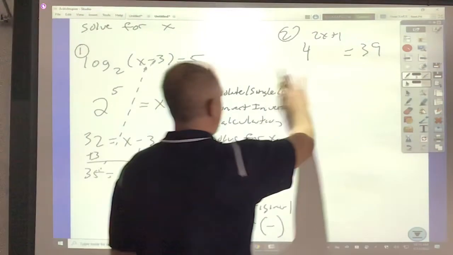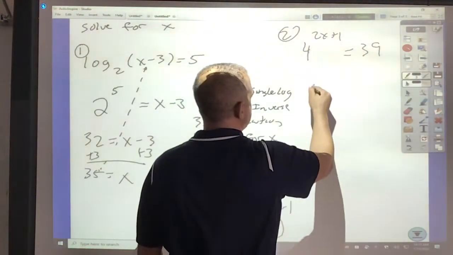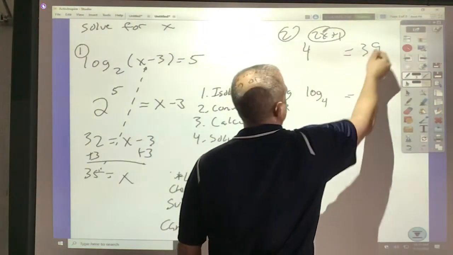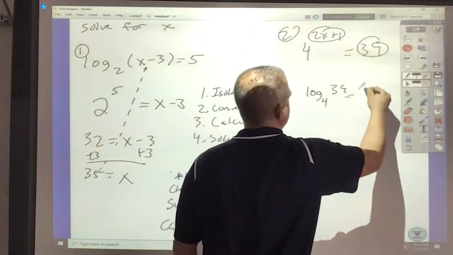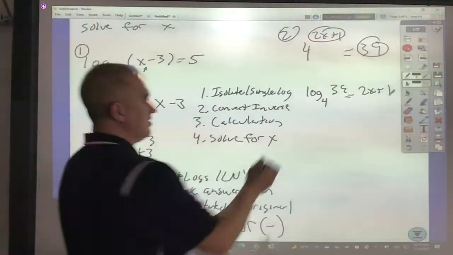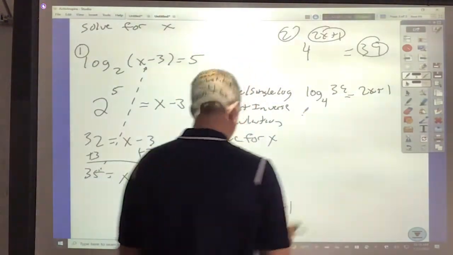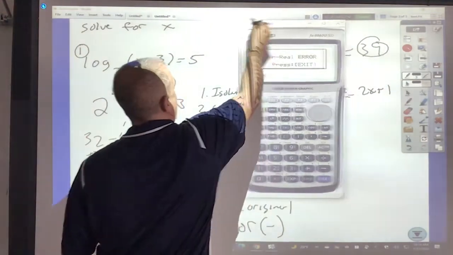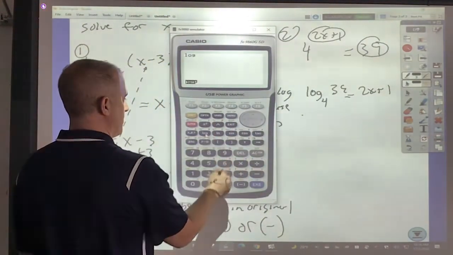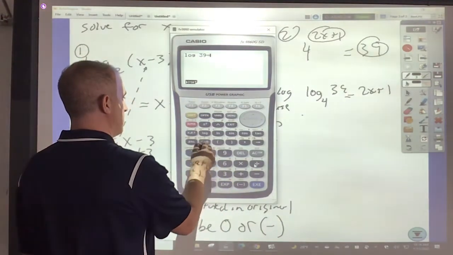Now this one, already isolated, that's an exponential, so that would turn into log base 4. This is going to switch, so that's 39 and 2x plus 1. All right, so what I want to do here is use a change of base. So I'm going to do log of 39 divided by the log of 4.